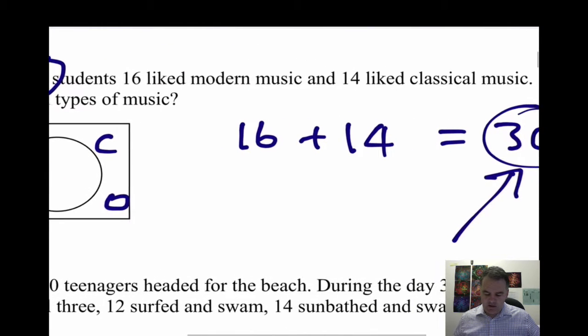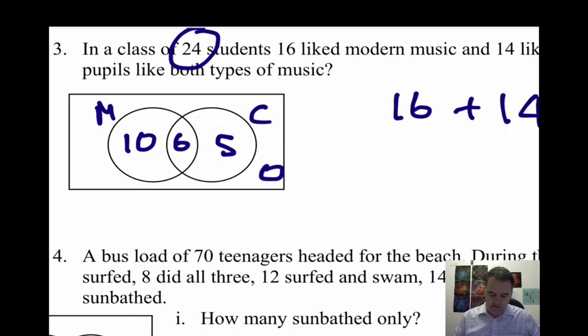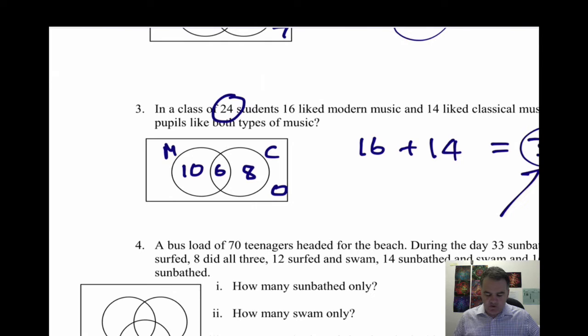If 14 like classical music, that means 8 must go there, giving the total of the classical music to be 14. Okay, so how many pupils like both types of music? The answer to this question here is 6. They could also ask something like, how many students liked only modern music? And the answer there would be 10.